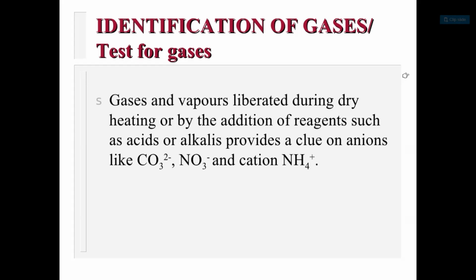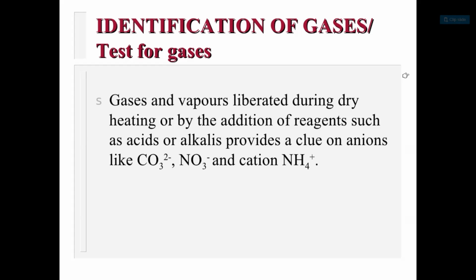Gases and vapors are liberated or generated during dry heating or by the addition of reagents such as acids or alkalis, providing a clue on anions like carbonates and nitrites, and the cation ammonia.